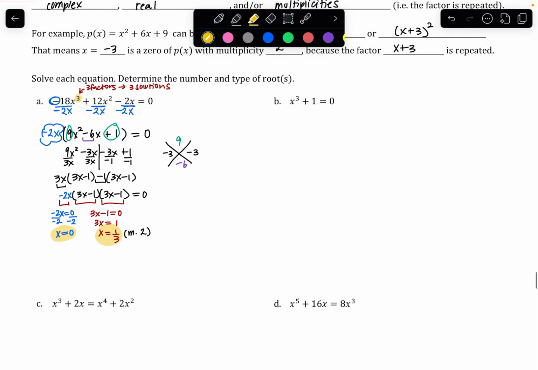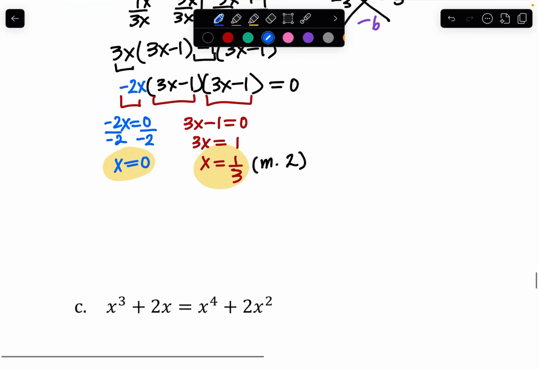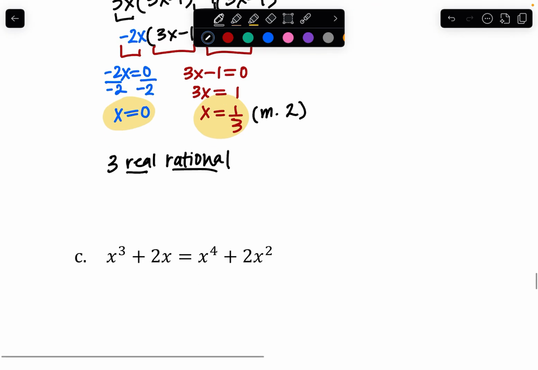And so it says solve, we just did that, and determine the number and type of roots. Okay, and so here technically we have 3 real rational. Rational means there's no square root in our answer. 3 real rational, and only 2 of them are unique because one has a multiplicity of 2.